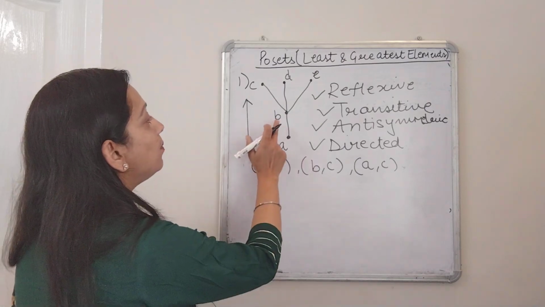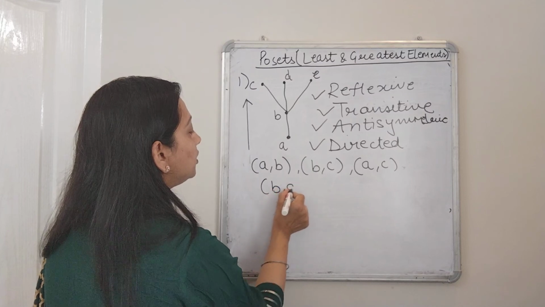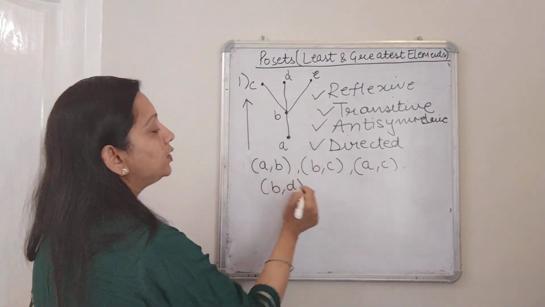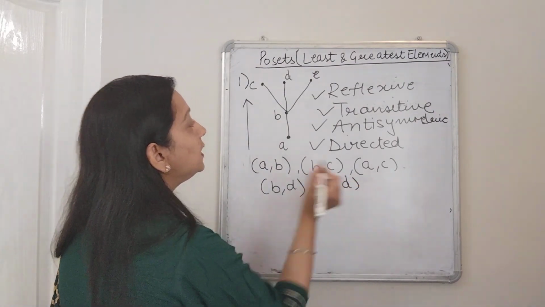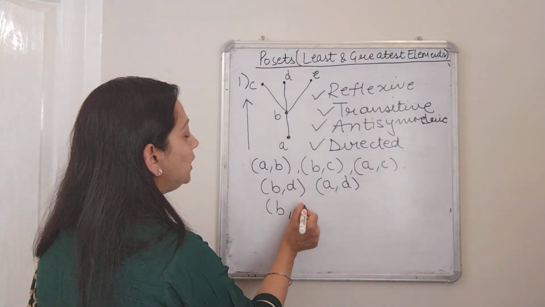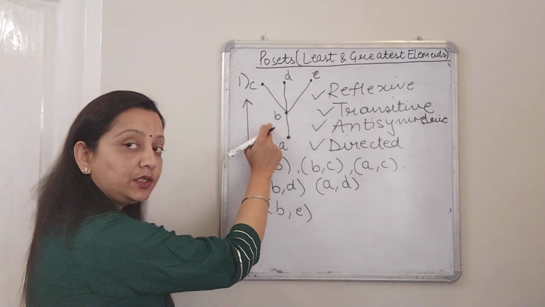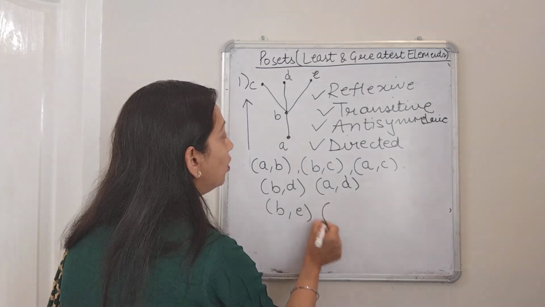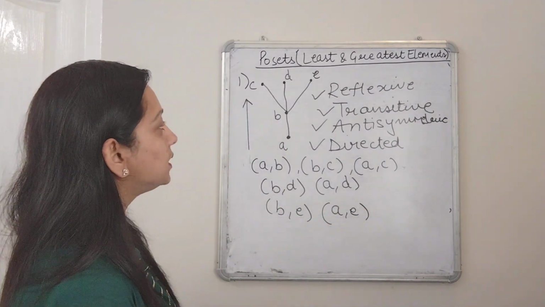Now B is also related to D. Since B is related to D and A is related to B, it is obvious that A would also be related to D. Now B is also related to E. And since B is related to E and A is related to B, A is also related to E, because a poset is transitive.